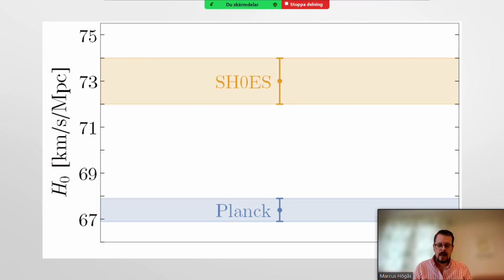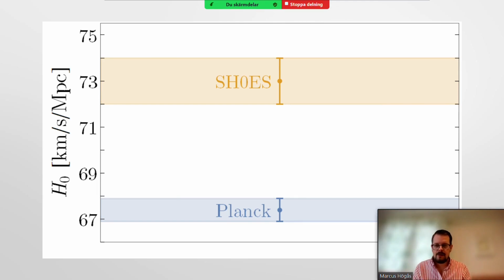And the most pronounced discrepancy is between the SHOES team estimate here, which is based on a local distance ladder method, and the Planck satellite data here, observing the cosmic microwave background, the CMB. And as you can see here, there is a very clear discrepancy between these two values.